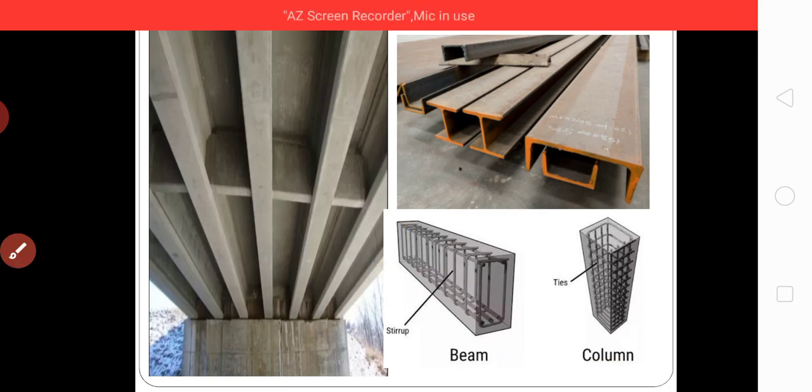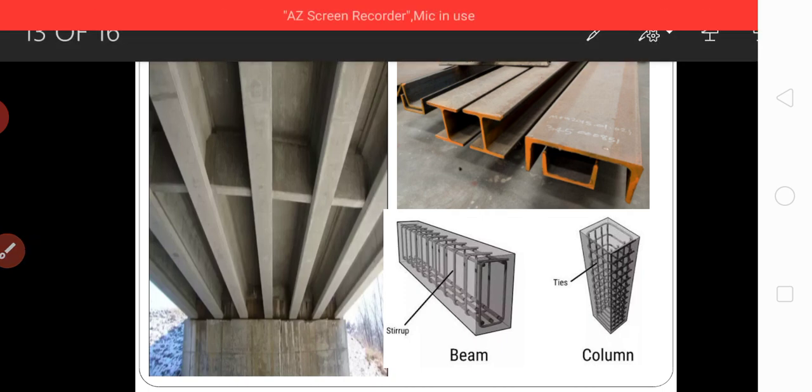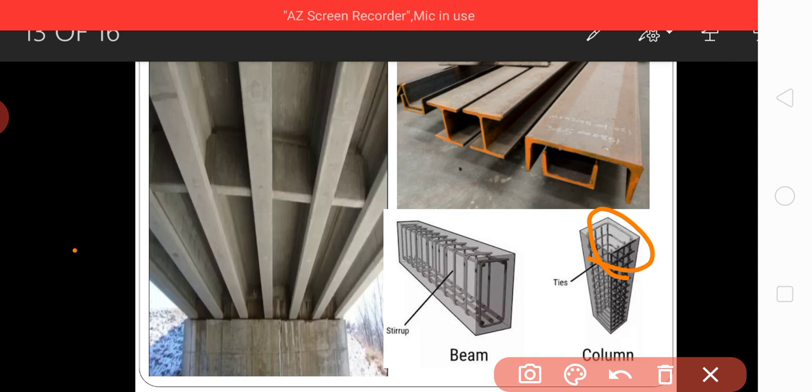This is the beam, this is the column. For the column, these rings are called ties here.